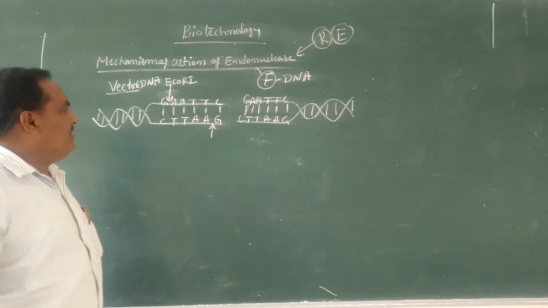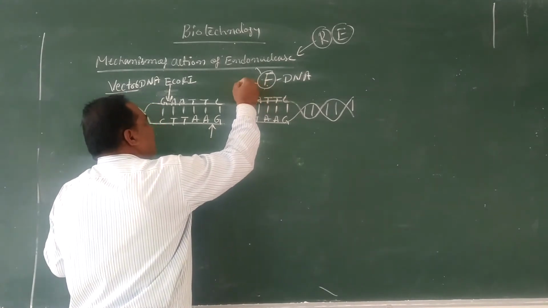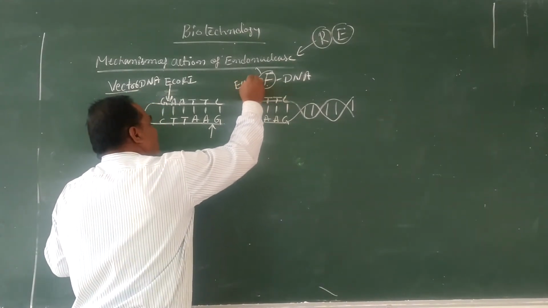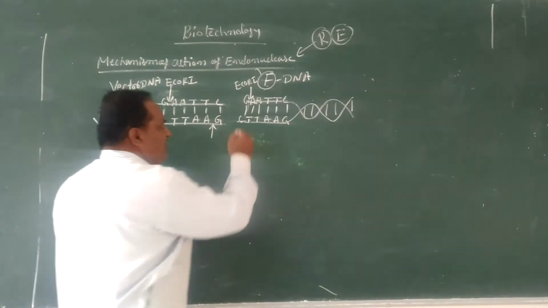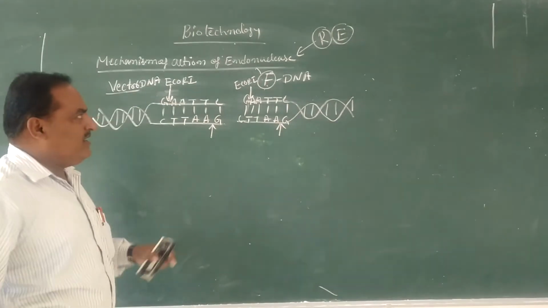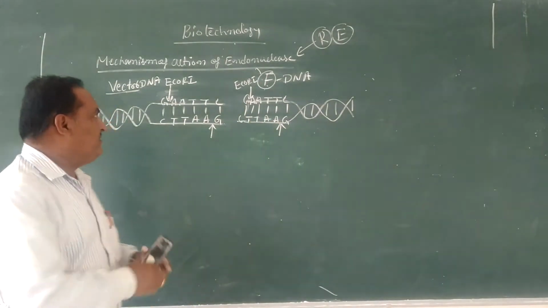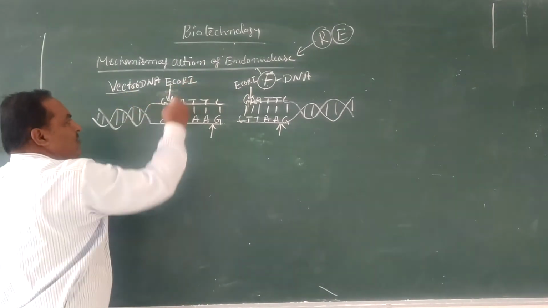Here also EcoR1 cuts the DNA between G and A. The same enzyme cuts both the strands. This DNA is cut by EcoR1.